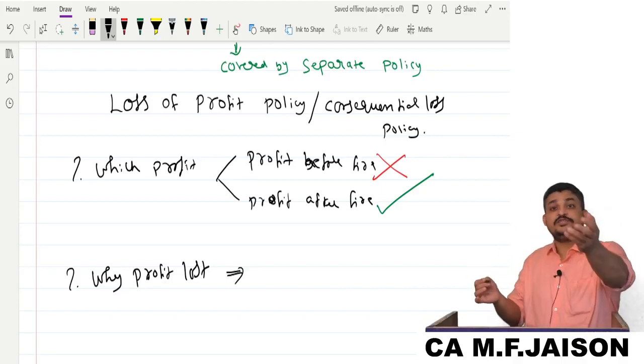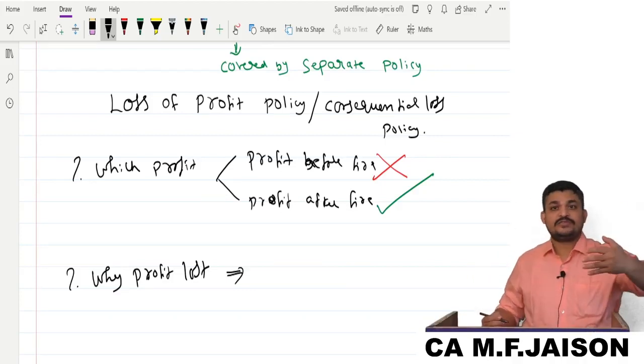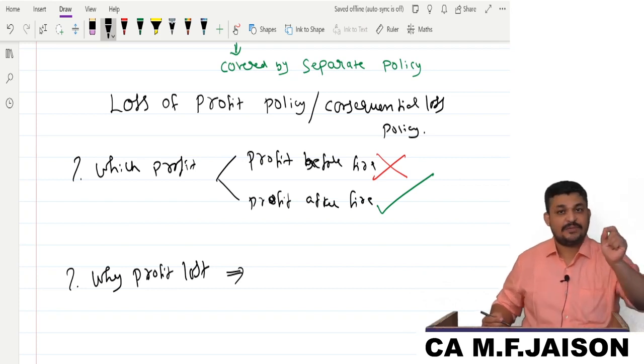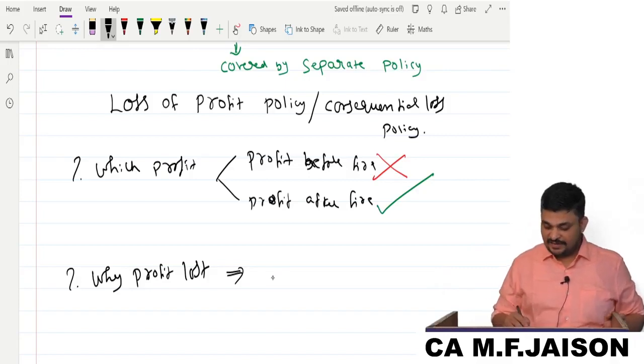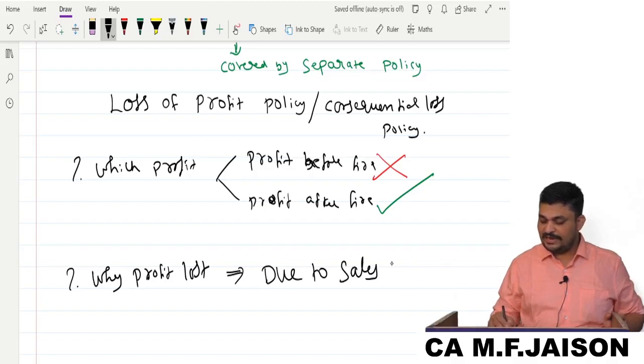Why profit lost? What is the answer to that? Those so many reasons you list out, but I won't say all those reasons. Those are all secondary reasons. Primarily, there is only one line of discussion. Why do we lose profit? We lose profit because we lose sales, due to sales lost.